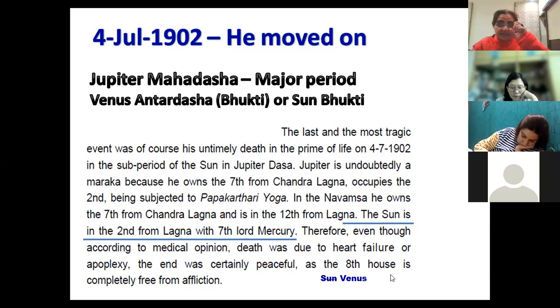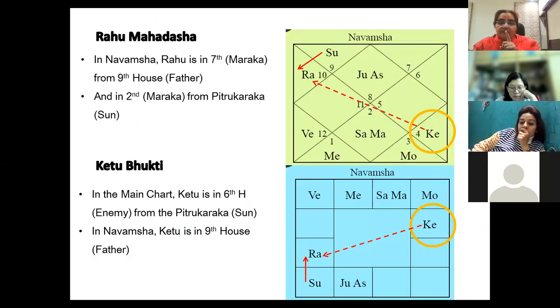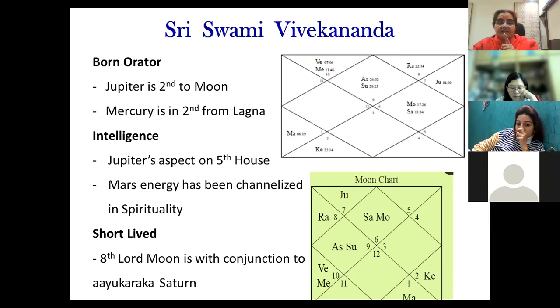Just tell me which planets are in the 8th house in his chart. This is his chart, the 8th house is this. It is empty. No, it's not here, it is Rahu and Mars in the Lagna. Then it is not the 8th house, that is the Scorpio sign you are talking about.